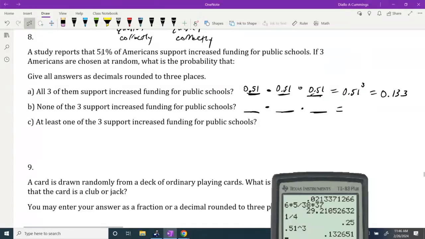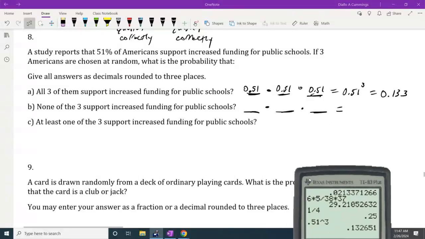So if 51% support it, then the complement, and we're going to talk about complement in the next chapter, the complement or the opposite, they're not going to support it, right? So how will we find the percentage of people that don't support it? We're just going to subtract from 100%, right?